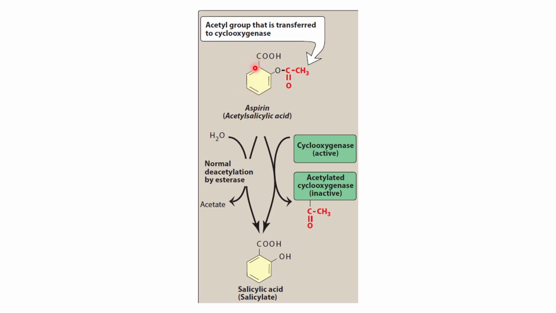The acetyl group will react with the cyclooxygenase enzyme and will acetylate the cyclooxygenase. And that will lead to the inactivation of the cyclooxygenase. The product is salicylic acid that also has an anti-inflammatory action.